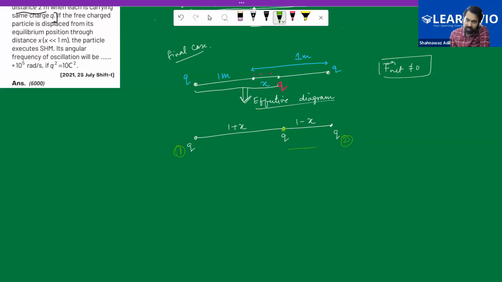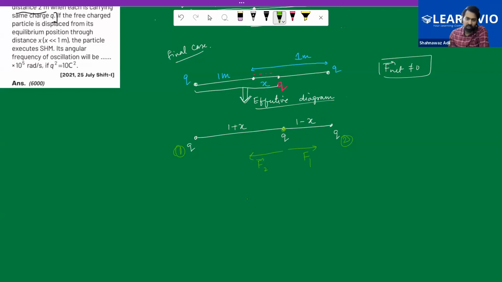So let me write it in here. This is F1. Good. Similarly, what would be F2? Towards this Q or away from this Q? Away from Q. So again, it would be in this direction. Right?